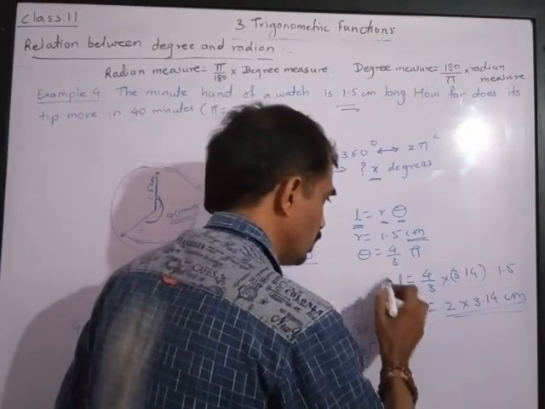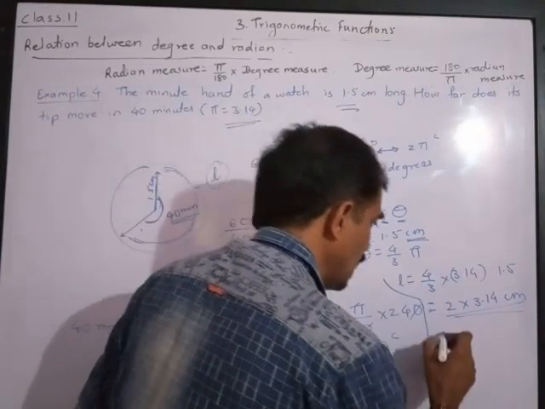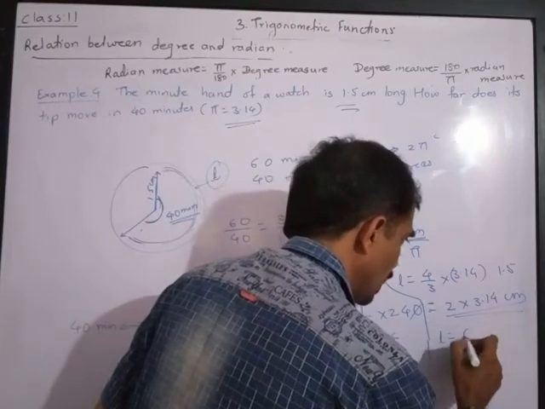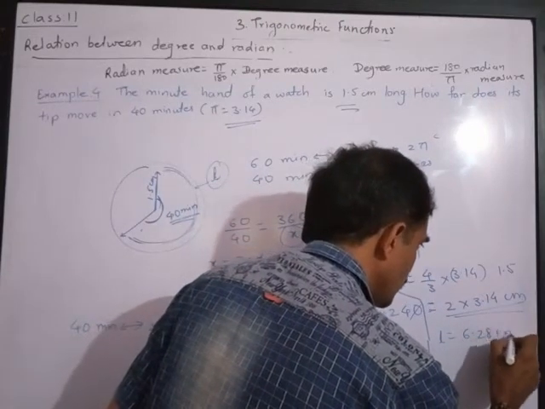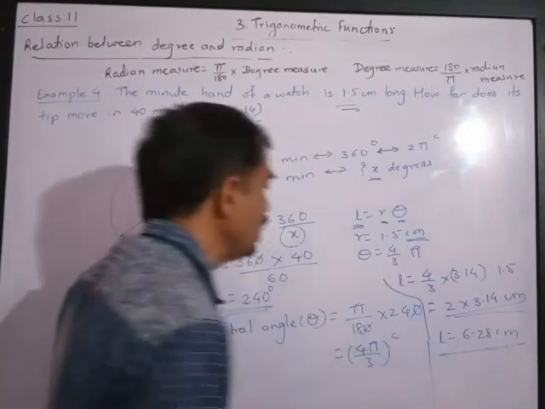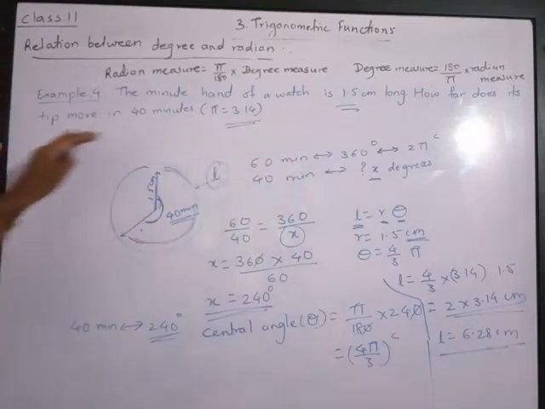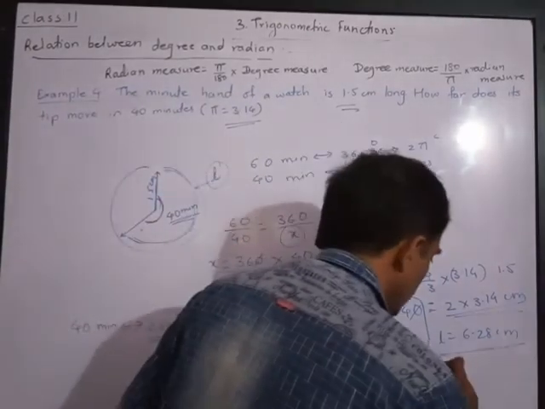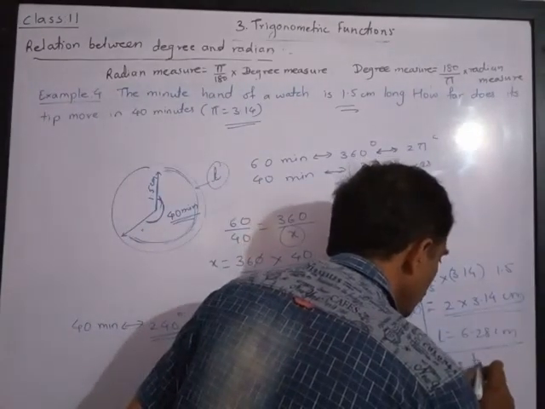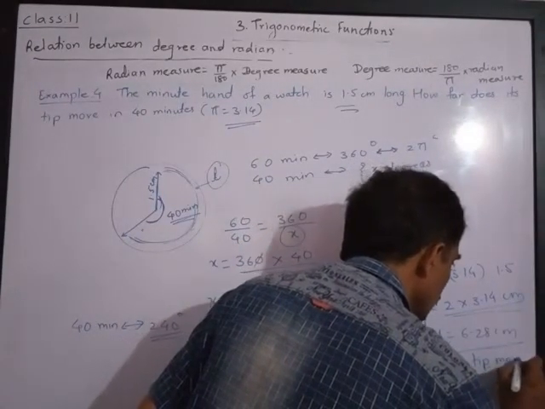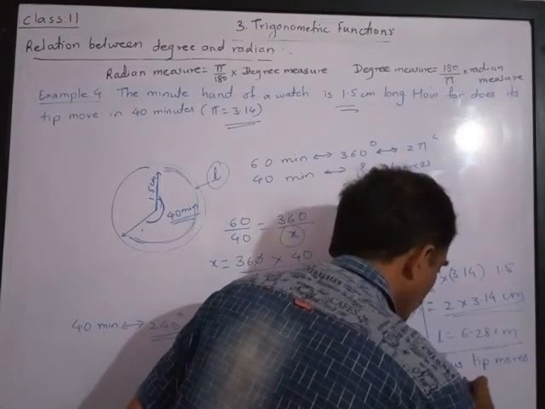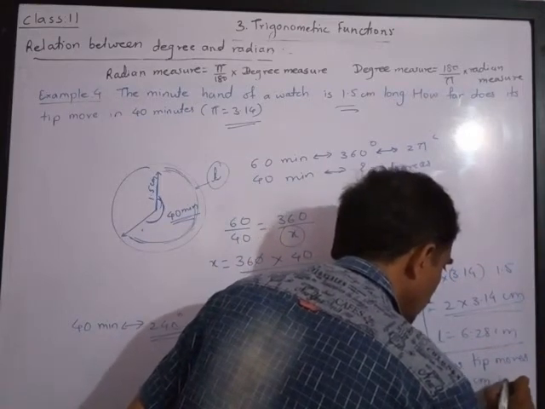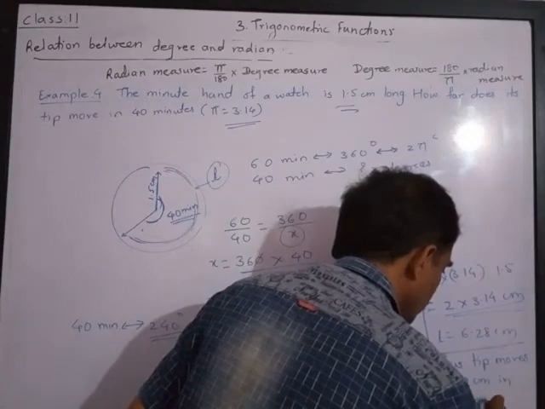So L is equal to 6.28 centimeters. Thus the length of the tip, or how far does the tip move? Thus the tip moves 6.28 centimeters in 40 minutes.